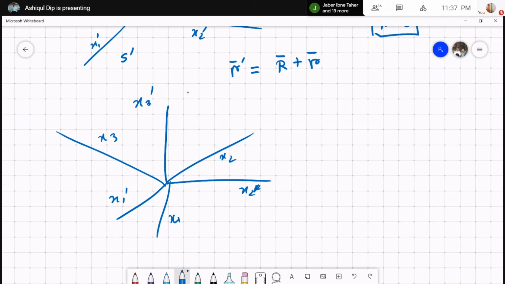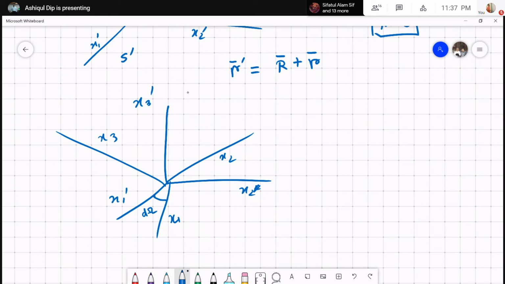Let's assume they are actually separated infinitesimally. What do we mean by infinitesimally? That means we just need a small rotation to go from one to another. That means this angle is basically a differential angle, some d omega.